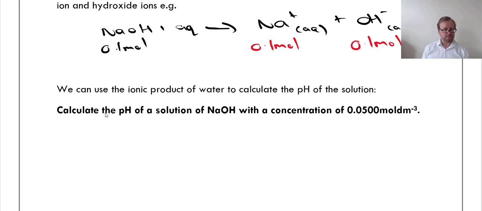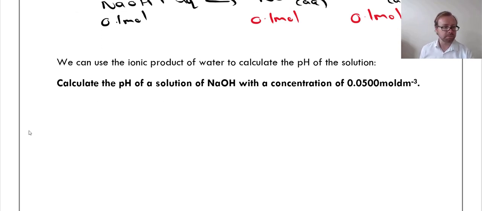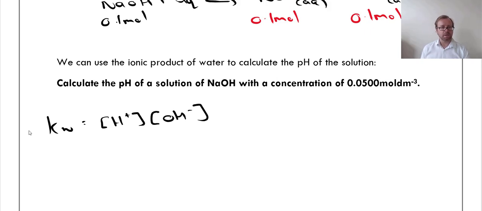Okay, so we can use the ionic product of water to calculate the pH of the solution. So calculate the pH of the solution of sodium hydroxide with a concentration of 0.0500. How do we do this? Well, first thing we need to do is write down the Kw value. Okay, so Kw equals H plus and OH minus.